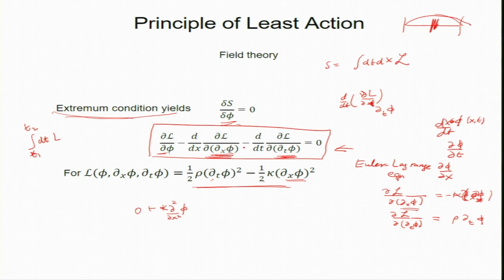Then for the second one, d by dt is coming. So, this will be minus rho d square phi dt square is 0. That is exactly the same as what I wrote. So, that is the equation of motion. This is a wave equation for the string. It is a linear equation which is valid only for small amplitudes, otherwise nonlinearity will come.